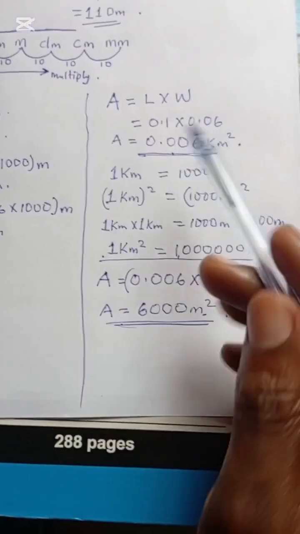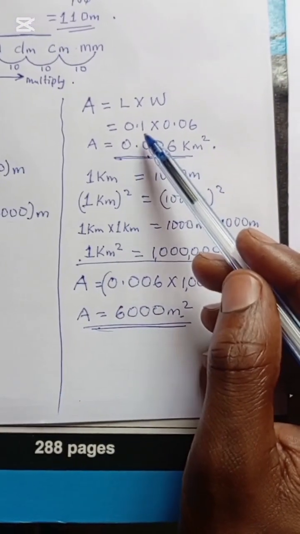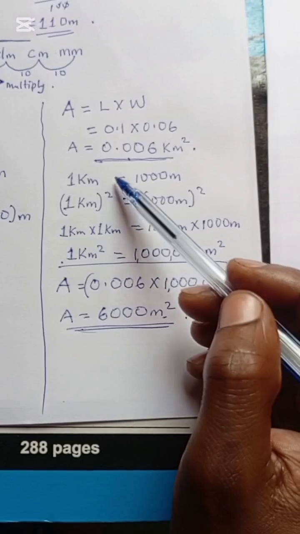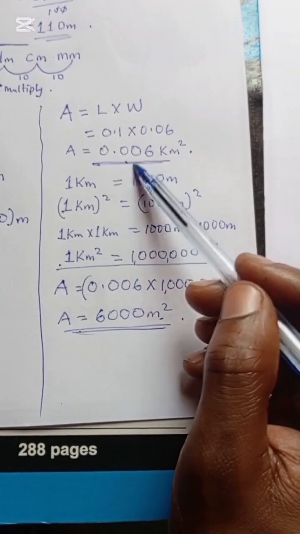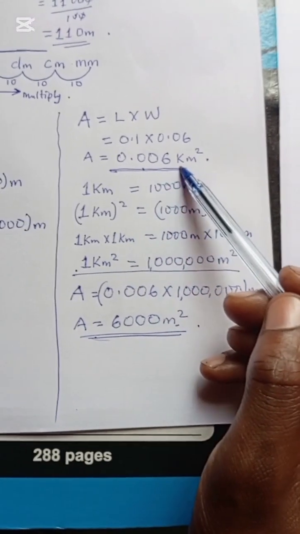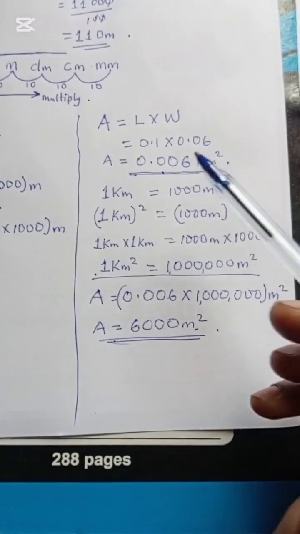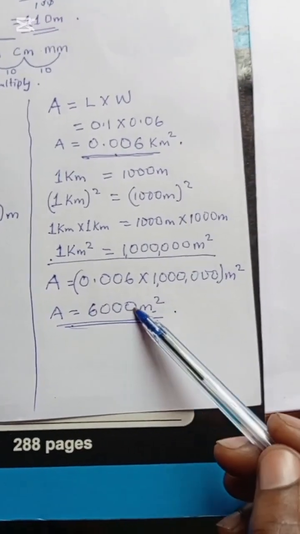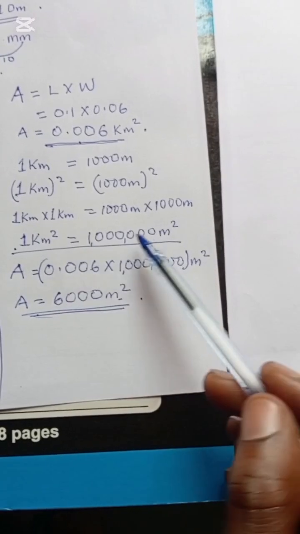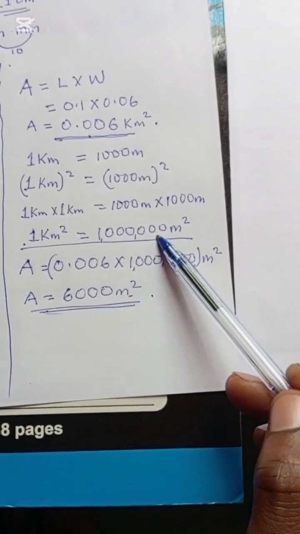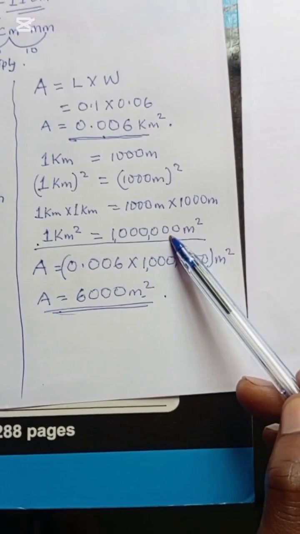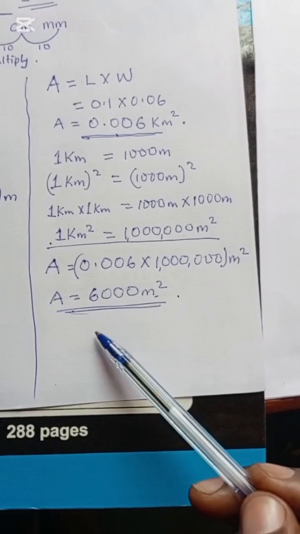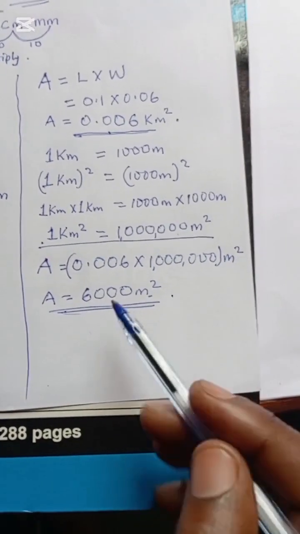Or you calculate the area in the given units, which we did, and we got 0.006 kilometers squared. Then we convert that unit of area to meters squared by getting another relation in the square units. So either way can work for you.